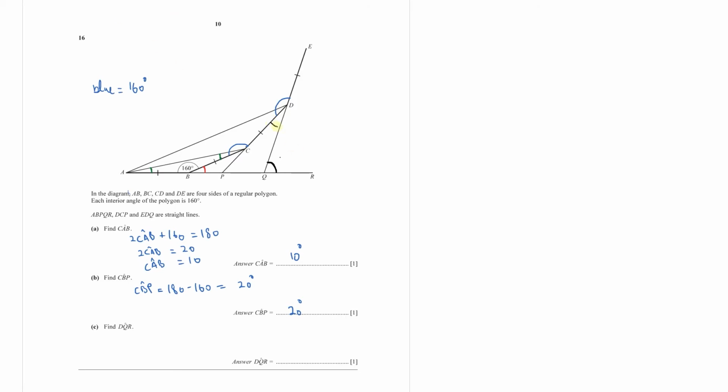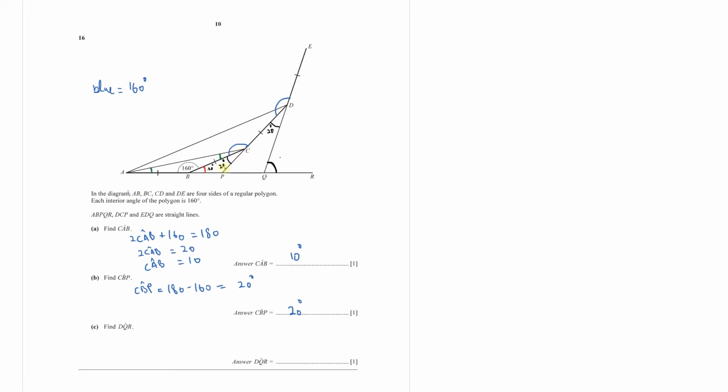Since this is 160 and this is a straight line, this angle is 20 degrees. And again, this is a straight line, PCD, so this angle is also 20 degrees. We know angle CBP is 20 as well.